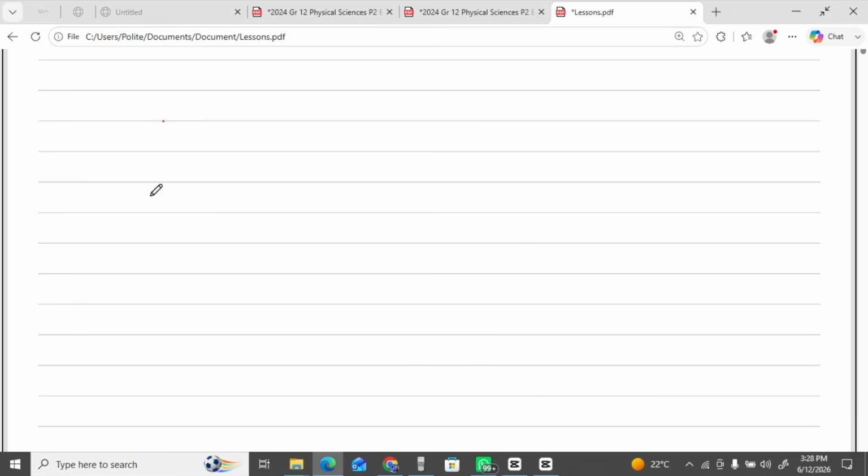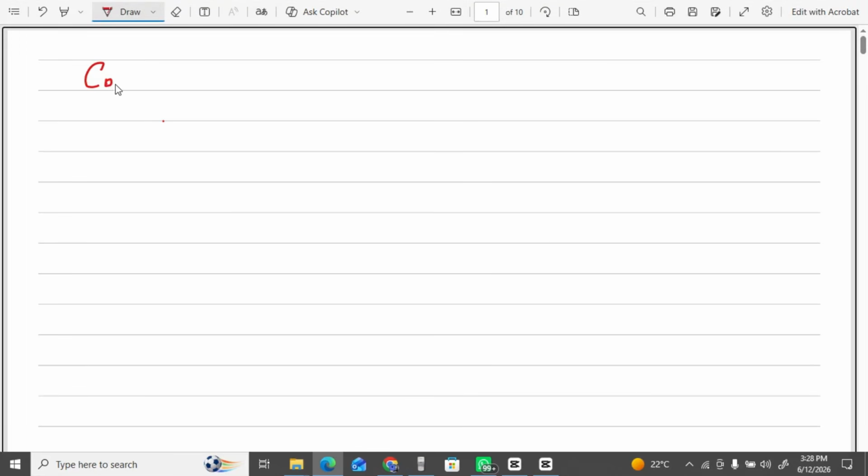First, you need to understand the common indicators that we use. The first one is methyl orange. On methyl orange, we have what we call the pH range.